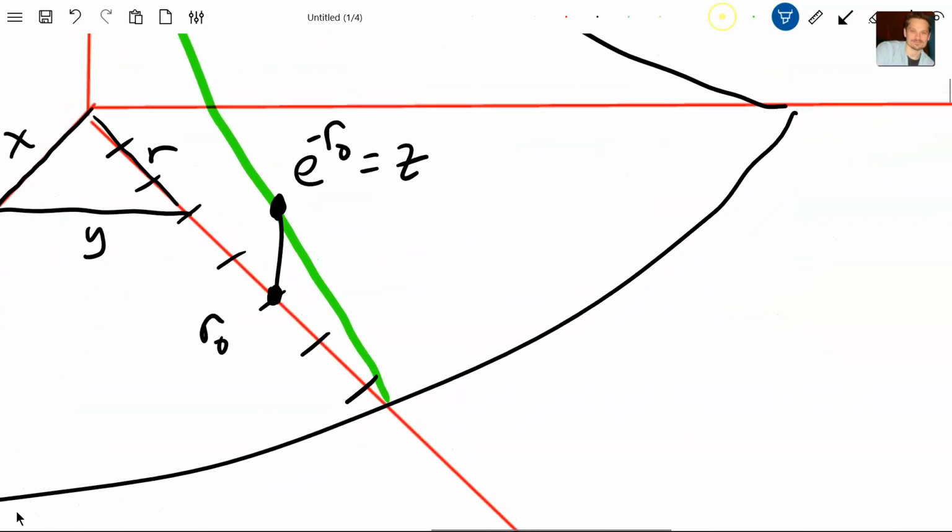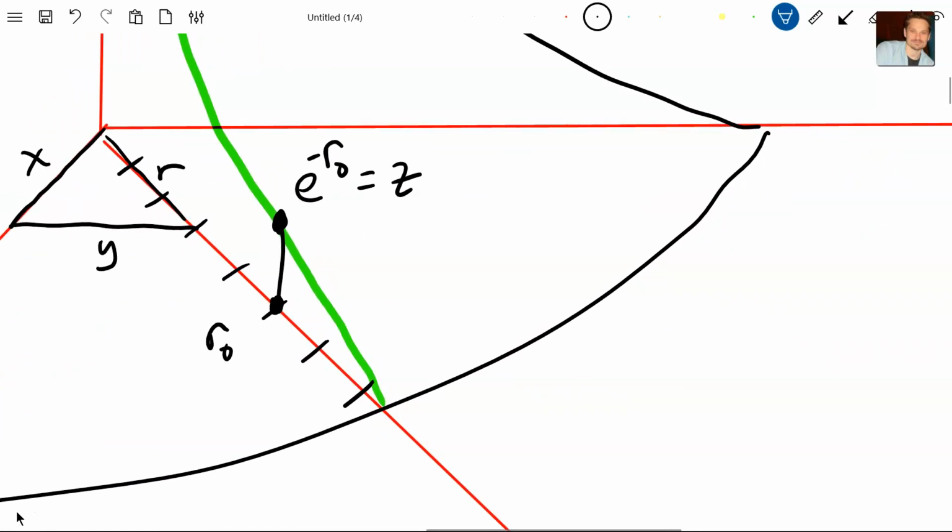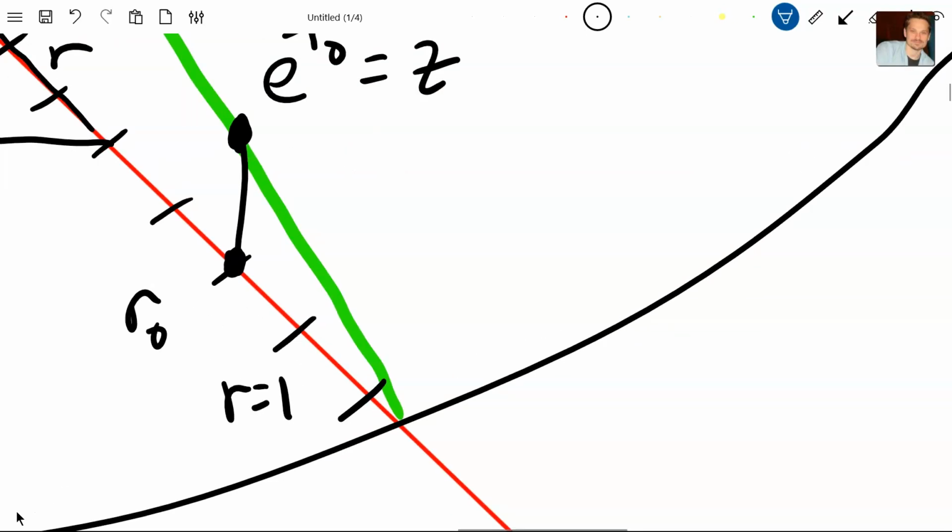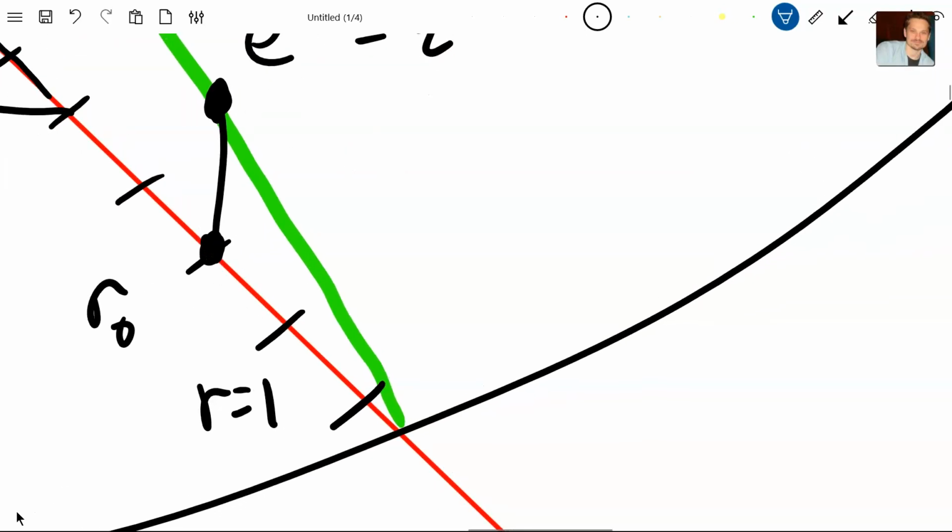So imagine, as an example, that r has the specific value 1. So we are out here, say, r equals 1. If I make use of my series, that's going to give me the following. To find an approximation to the z-coordinate at this point.